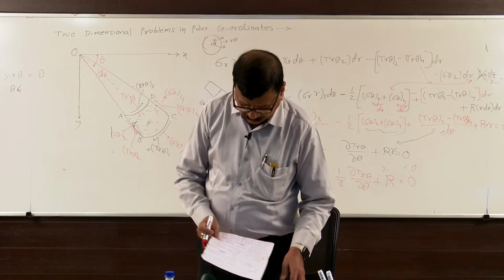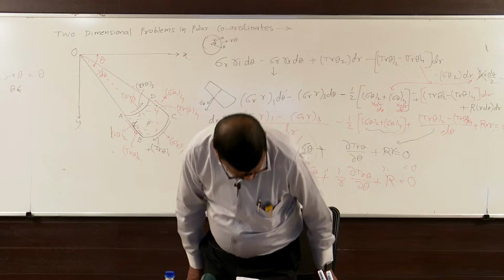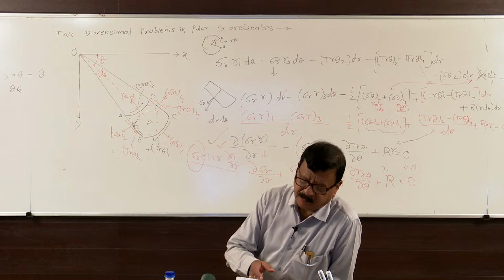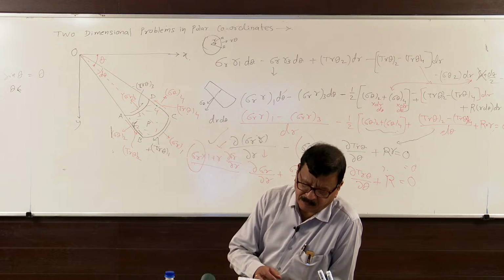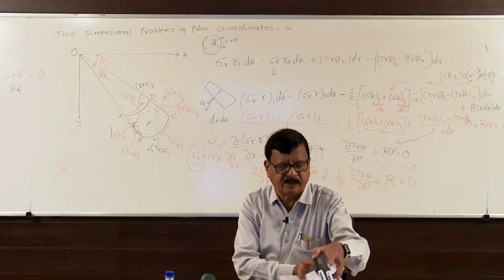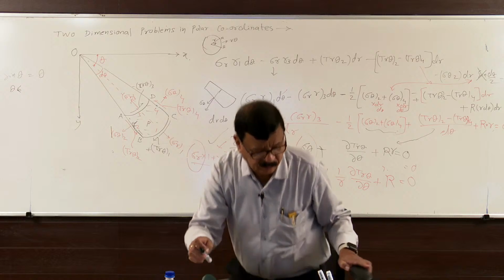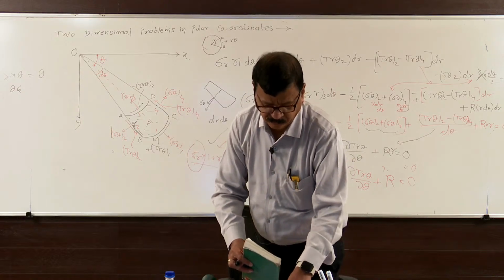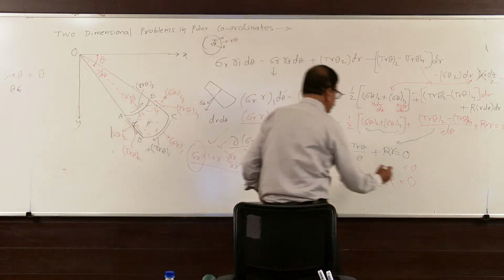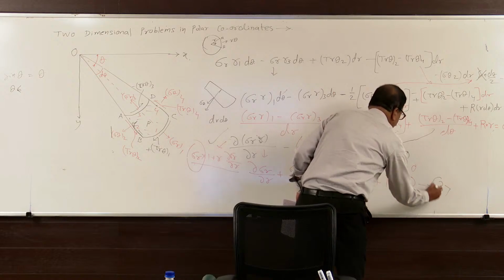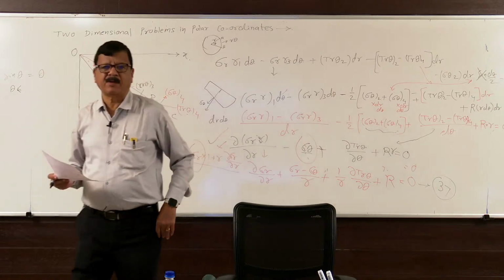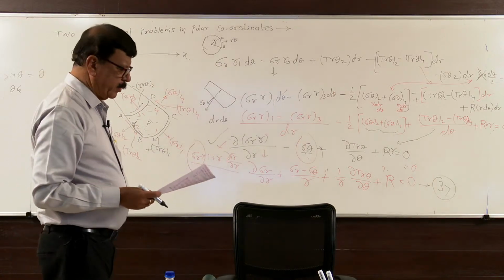This is equation number 37, on page 66 of your book, Timoshenko.